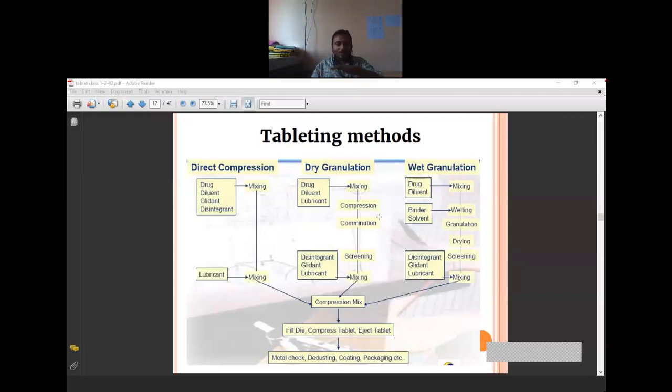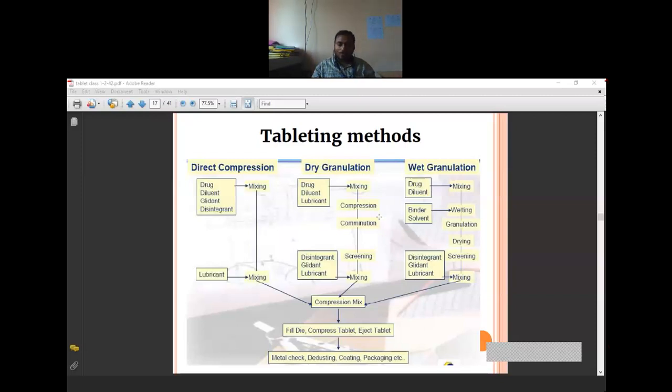After grinding, we sieve it to form a uniform mass, a uniform size for that particular tablet. Screening also includes drug content uniformity, checking how much quantity of the drug is present in the particular granules. That is also included in screening. Okay, understood?